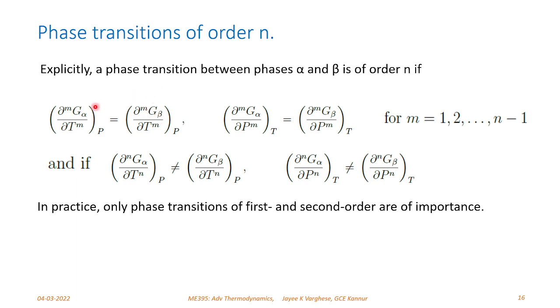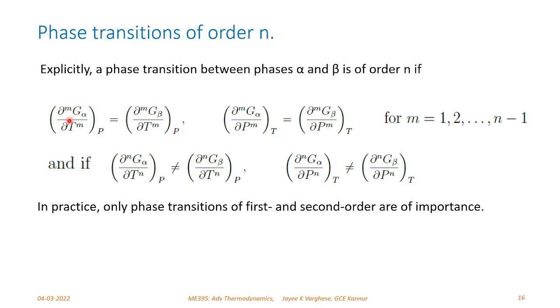So we can see the mth derivative of G: ∂^m G_alpha divided by ∂T^m, the mth derivative of the Gibbs function of the alpha component, maybe solid ice, with respect to temperature at a constant pressure, is equal to the mth derivative of G_beta divided by ∂T^m at a constant pressure.